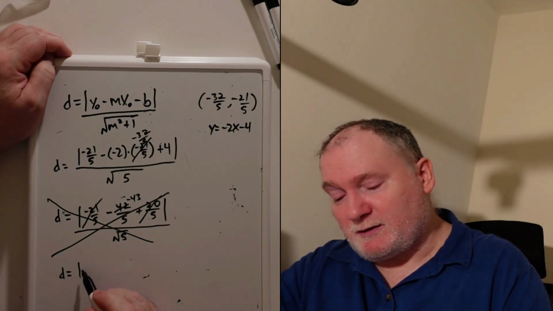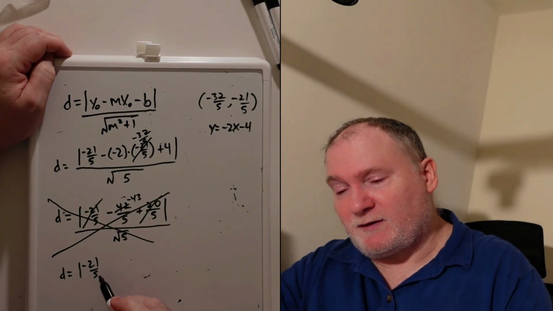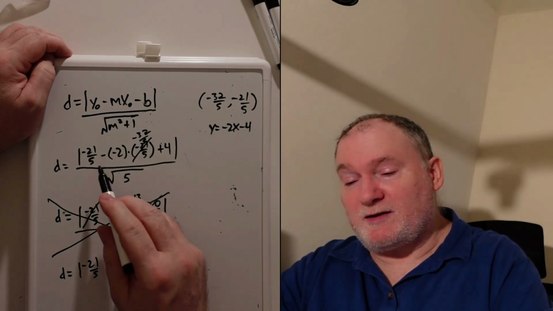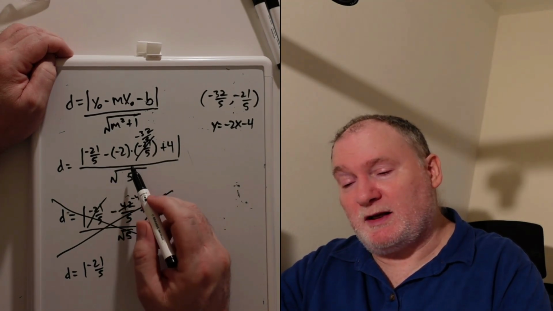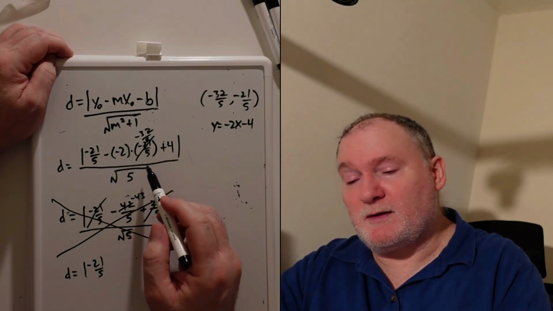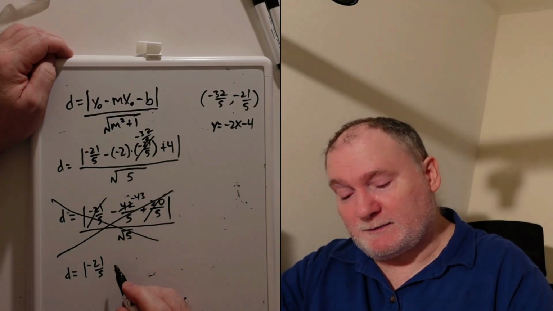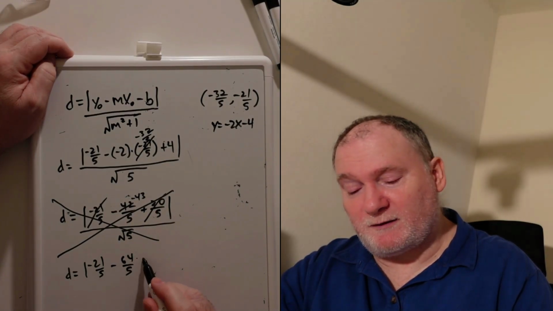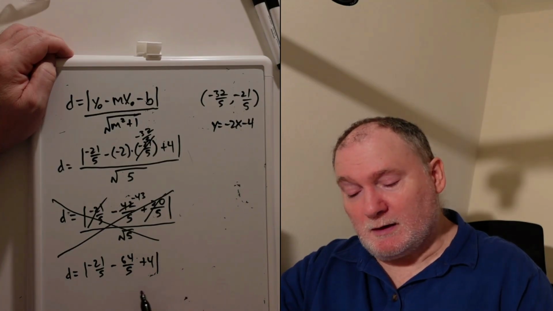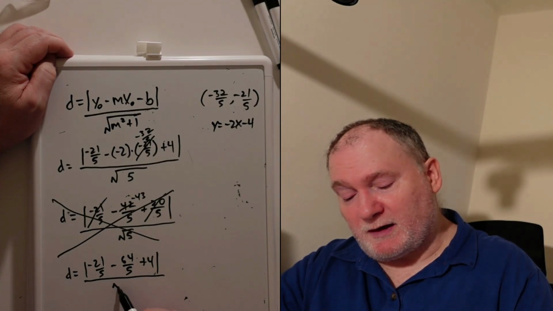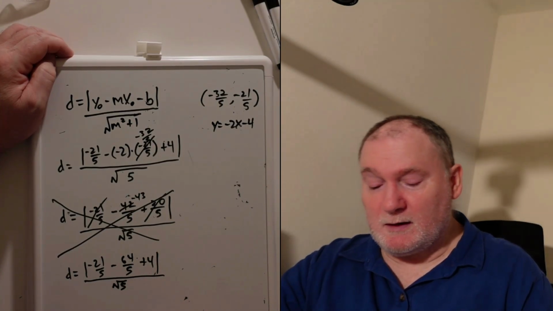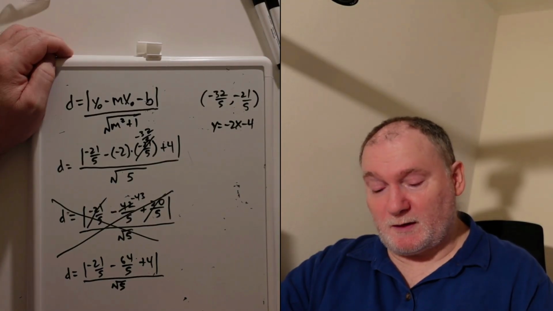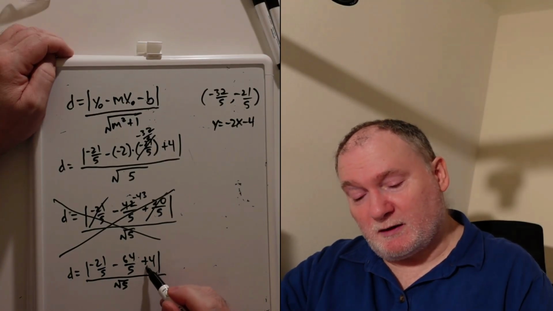So d is equal to negative 21/5. So I still have 3 negatives, so I'm going to get negative 64 over 5, plus 4, all over root 5. 4 is 20 over 5.